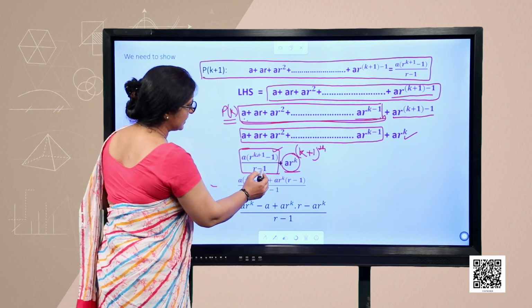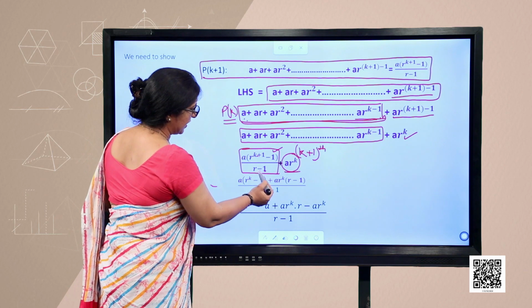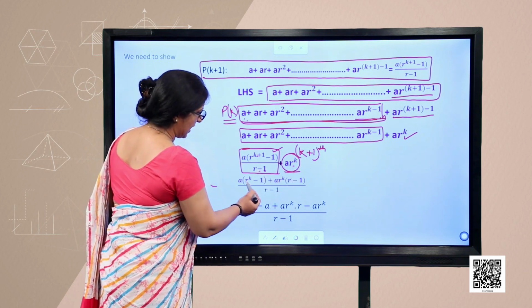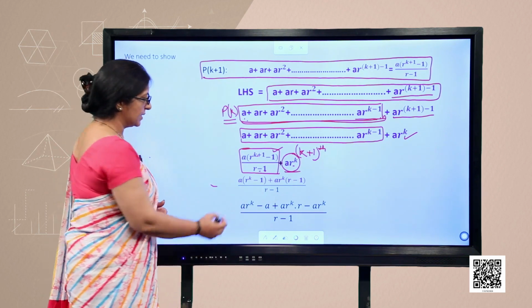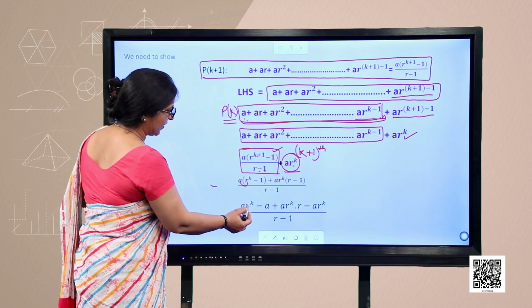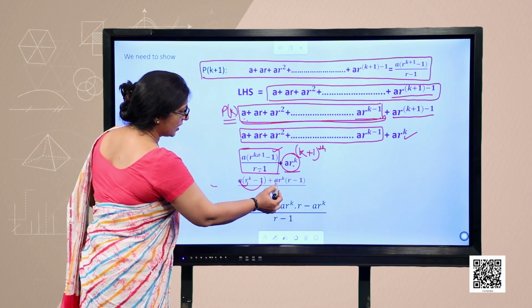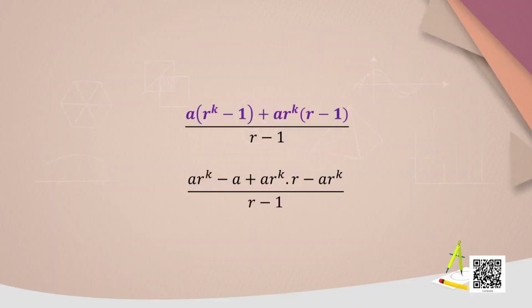After solving this by taking LCM, we have taken LCM r minus 1, that got multiplied with this term. And while we open these terms, a into r power k minus a, here also ar power k into r, ar power k into minus 1.